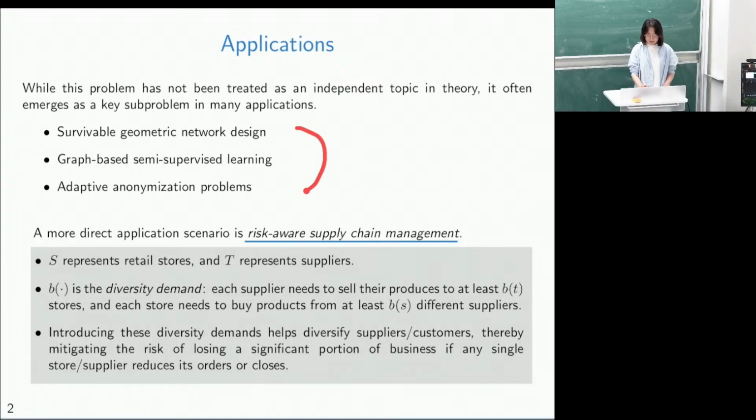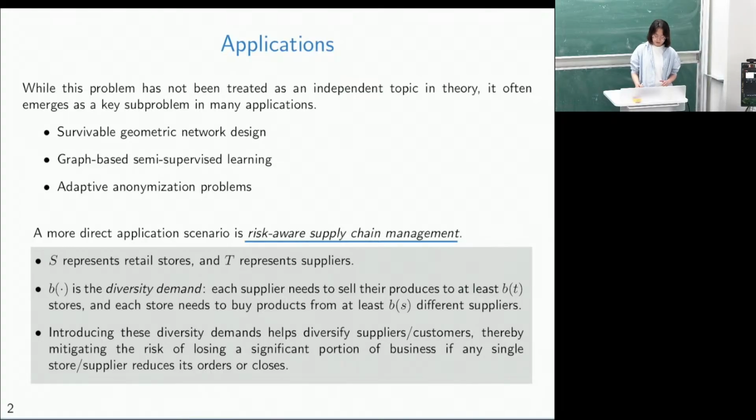For those applications, they use heuristics or some other algorithms designed for some more general problem. And a more interesting and more direct application scenario is risk-aware supply chain management.